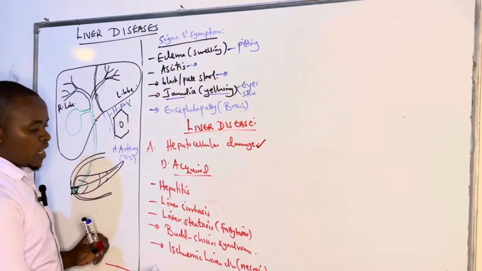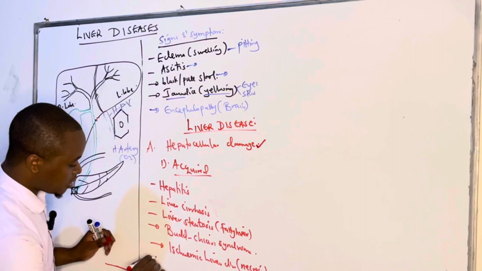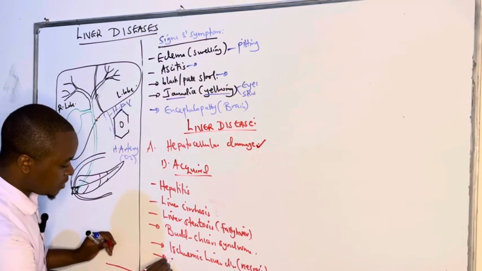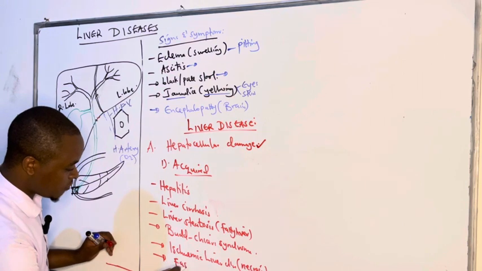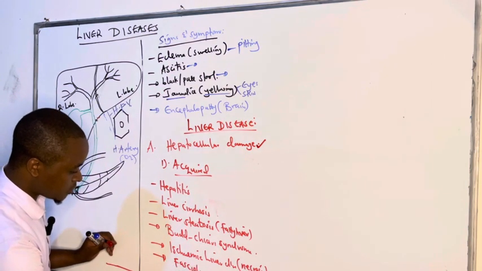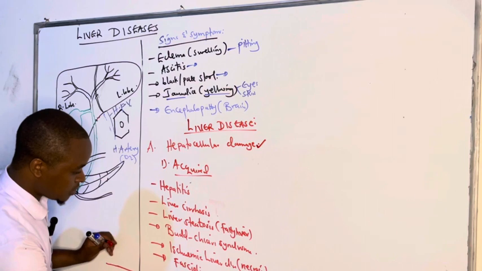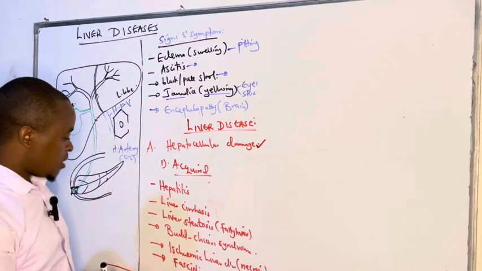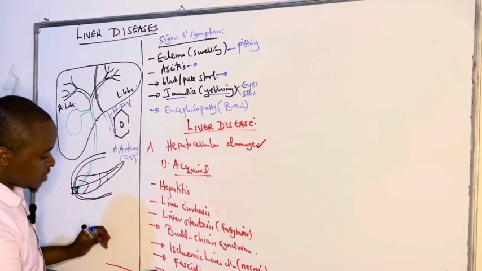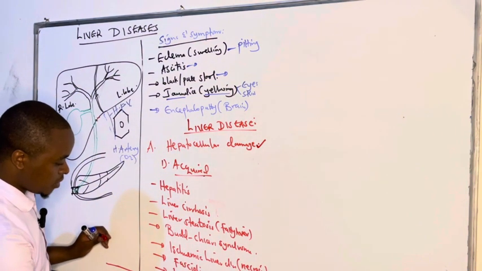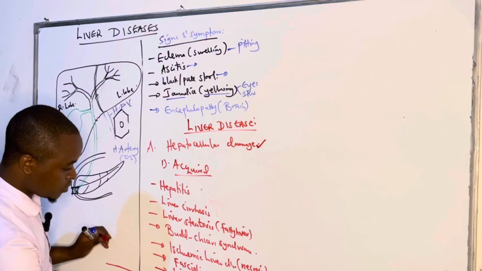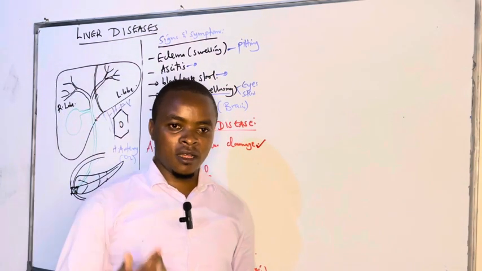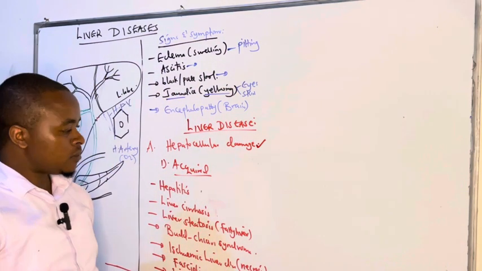So these are the major acquired causes, not forgetting the one caused by a parasite known as Fasciola hepatica, or what we call fascioliasis. Fascioliasis can also be acquired. And another one we can talk about is liver cancer, or you can call it liver carcinoma. These are acquired liver diseases.